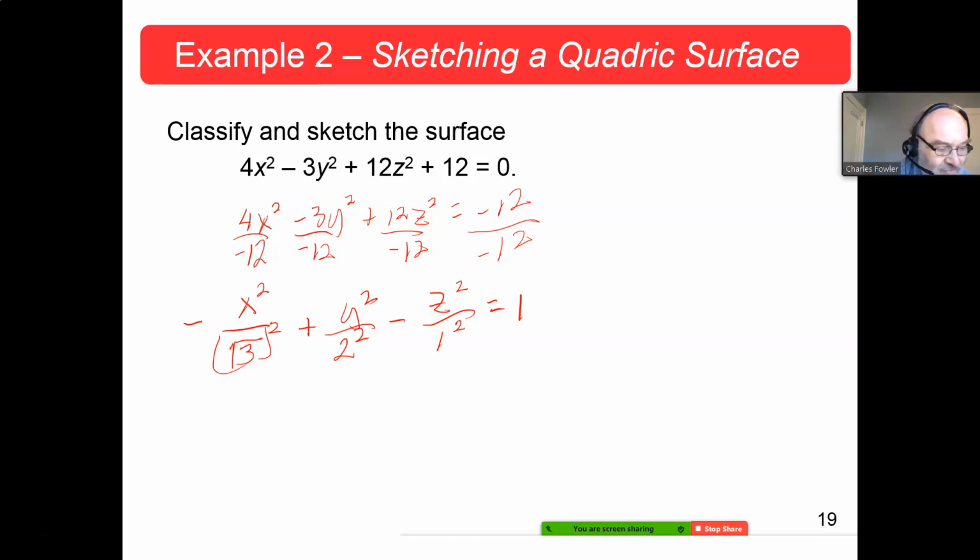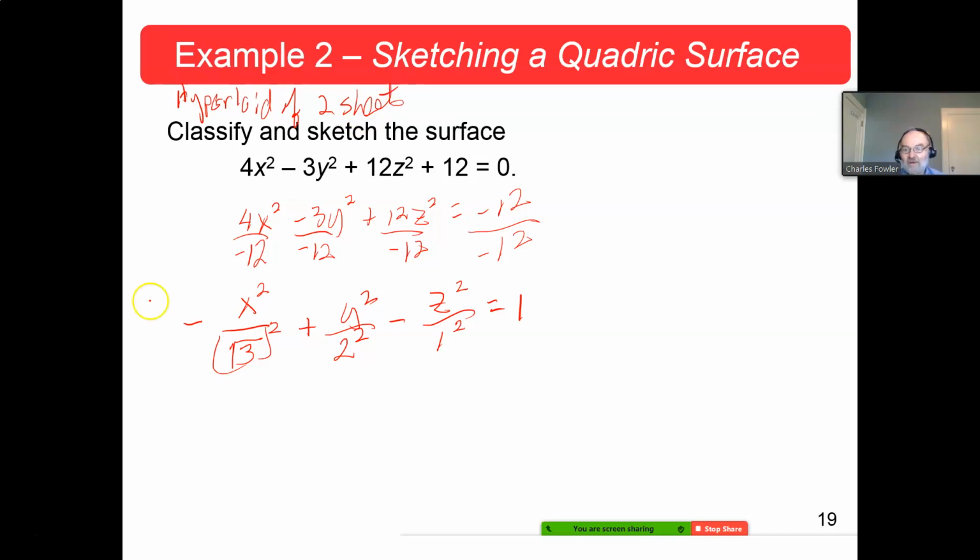The hyperboloid of 2 sheets has 2 negative signs. So the first thing says to classify it, so the classification here is hyperboloid of 2 sheets.